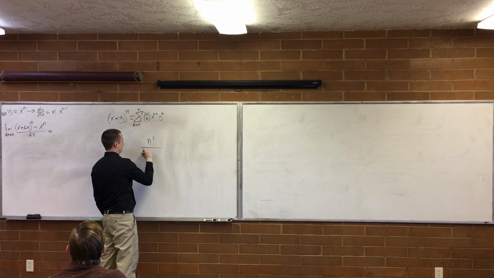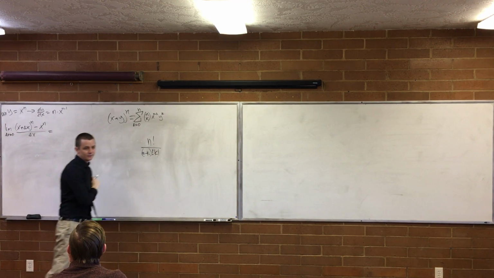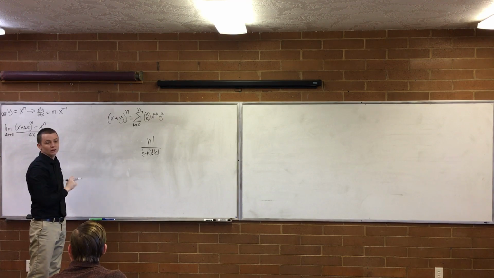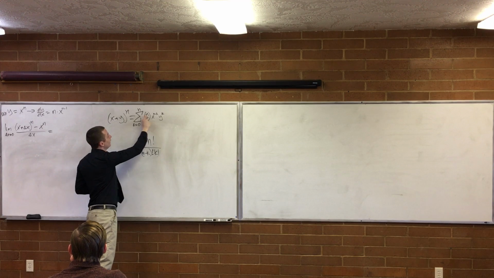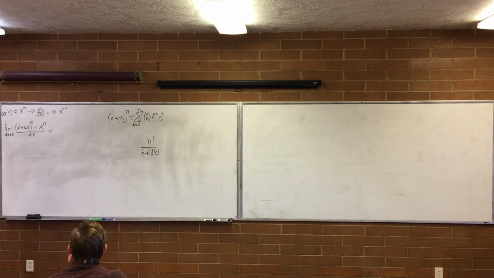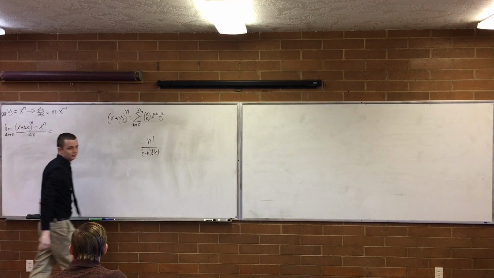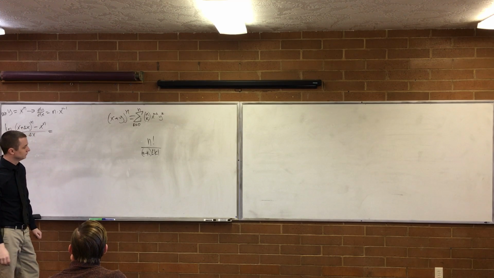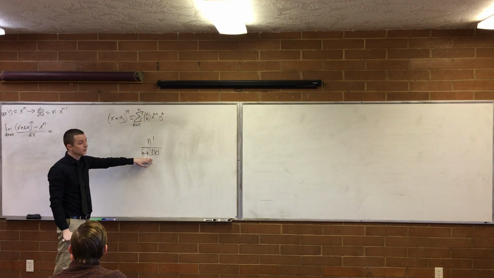It's n factorial over n minus k factorial times k factorial. But really, it's the number of k element subsets you can get from an n element set. And this happens to give you that number, but it's just a big computation.